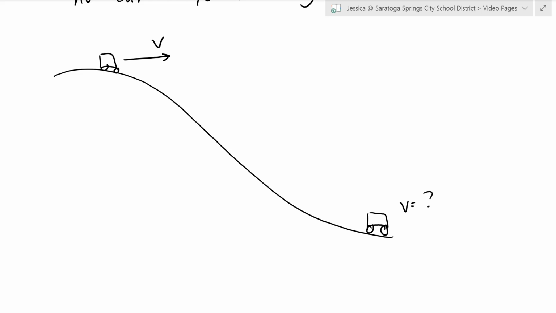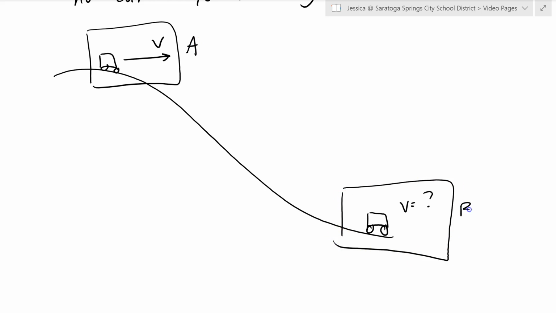So the first thing you want to do is identify two locations or positions in time. Let's say this is position A and this is position B. I'm going to define position B as being at zero height. And position A, the problem will likely tell us, has a height h or something like that.